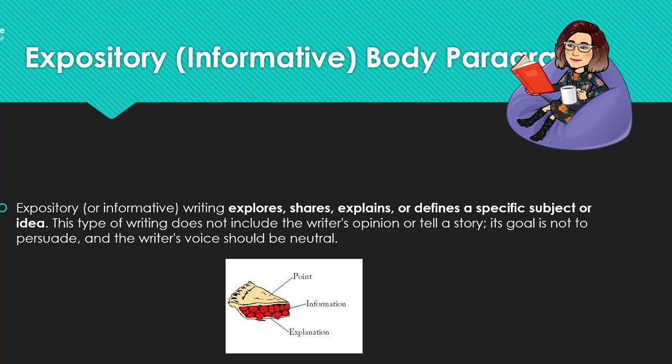And then explanation of that body paragraph. So that's known as pie structure. And that's why in each expository body paragraph, we use only one in-text citation per paragraph. And I will go over that as well.